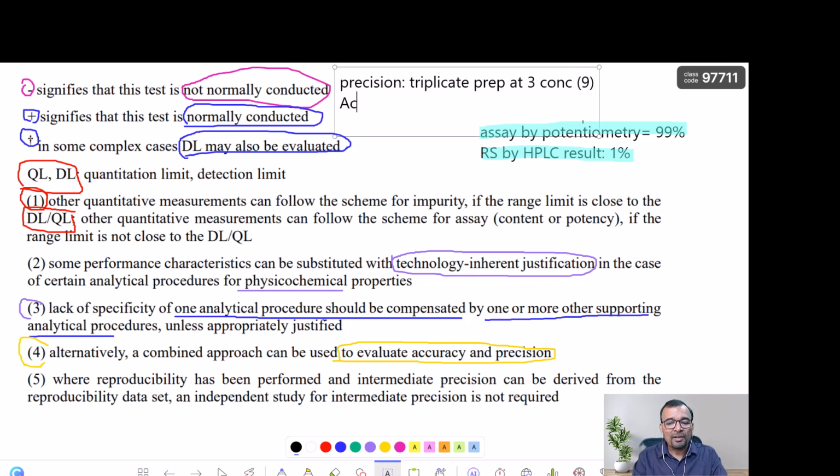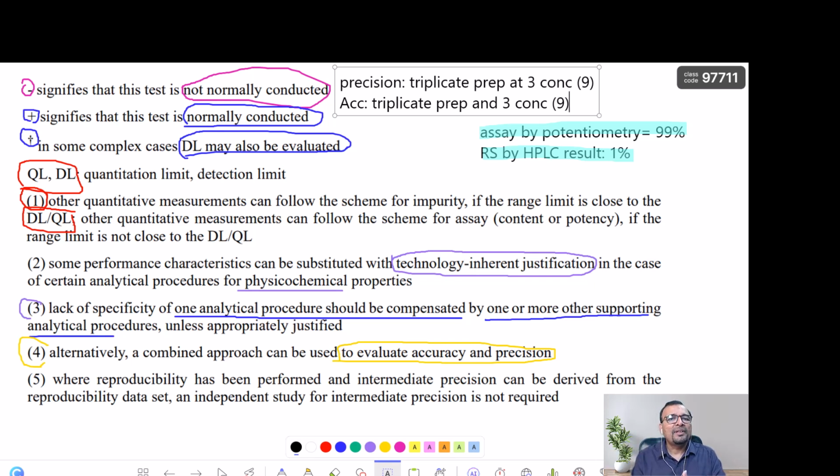What is the accuracy requirement? Accuracy is also the same, right? Triplicate preparations and 3 concentrations, total 9 determinations. So rather than performing accuracy separately and precision separately, you can also combine this study. For example, you are performing the precision and accuracy for assay by HPLC. You can certainly take a placebo and spike 50% of your drug substance in the placebo and measure the precision.